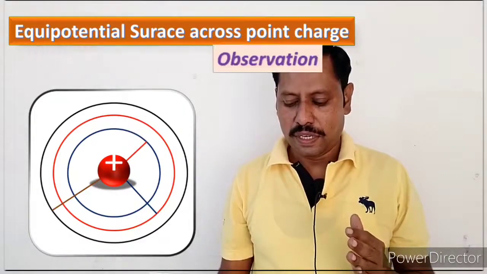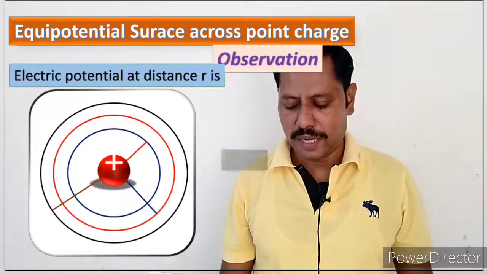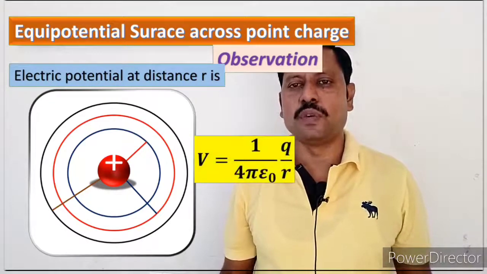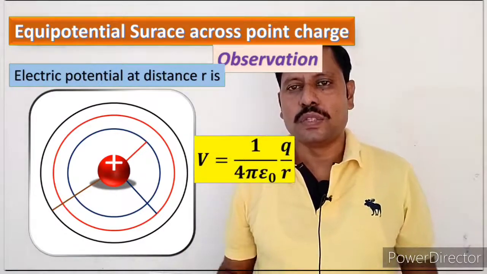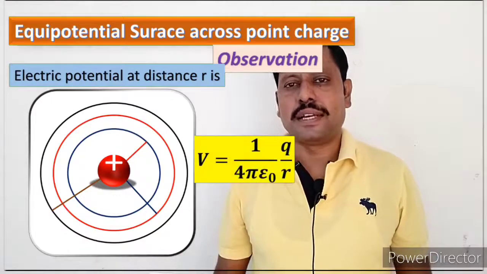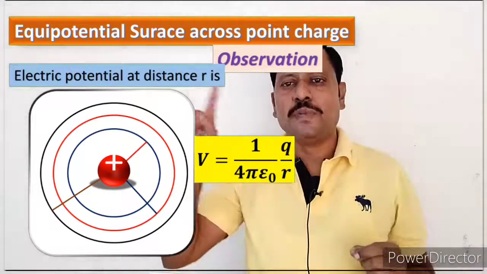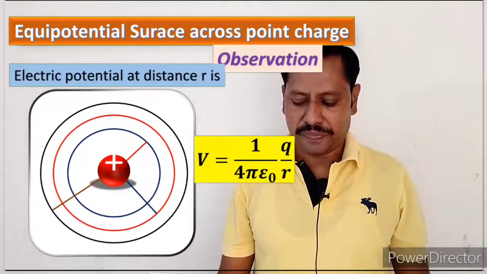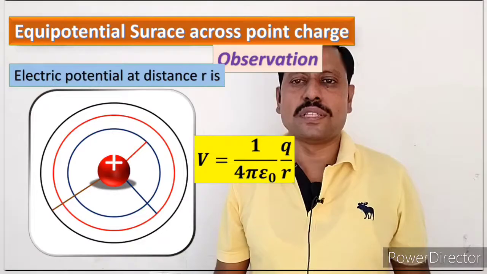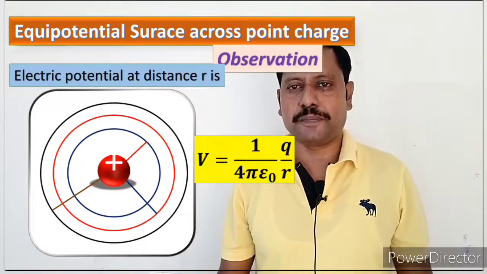It comes from this observation that electric potential at distance r is given by V is equal to 1 upon 4 pi epsilon 0 into Q upon R. This strongly suggests that the equipotential surfaces across that charge should be like a sphere, or have spherical symmetry. Okay, this is the concept of the equipotential surface for a point charge.